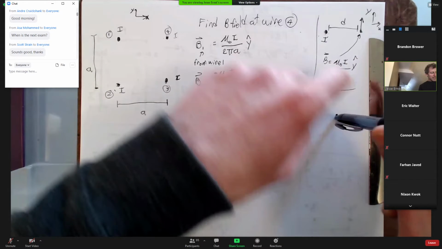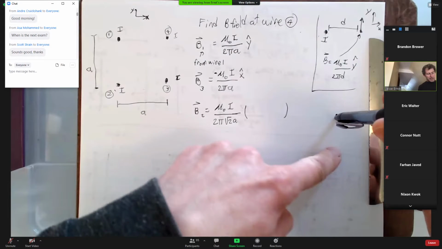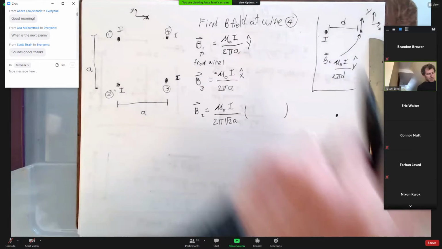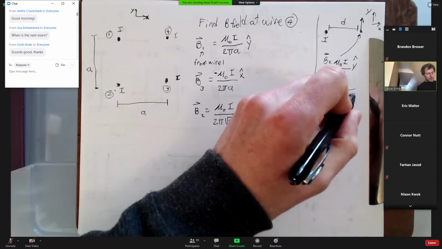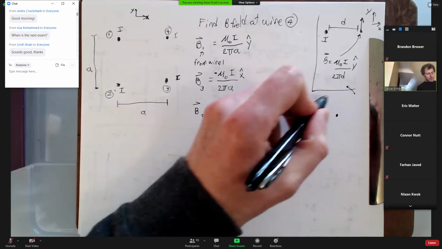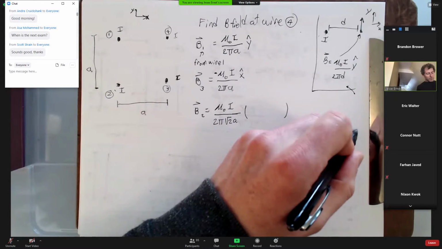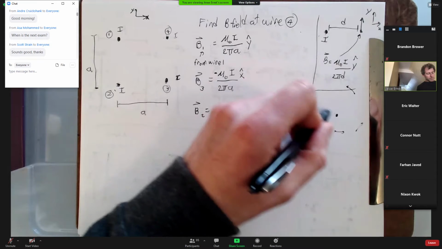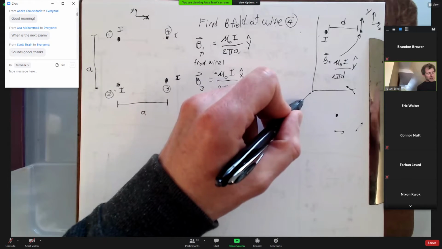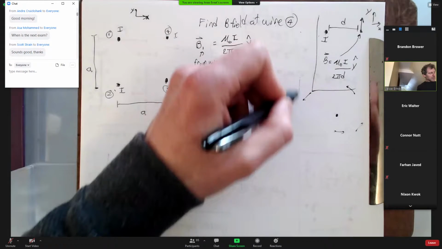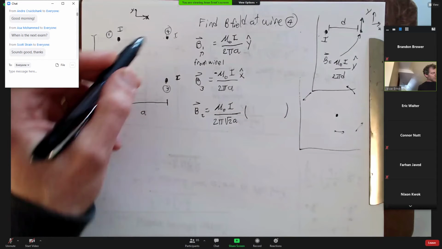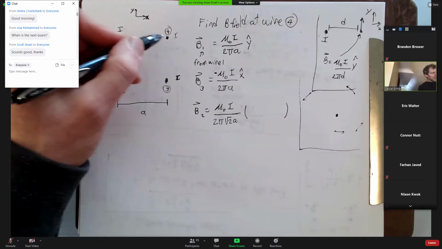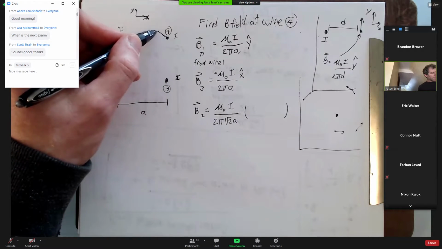My B field here is this way. My B field here is going to be that way. My B field over here will point that way. Here it would point this way. So I think the B field here from this is going to point up and to the left.